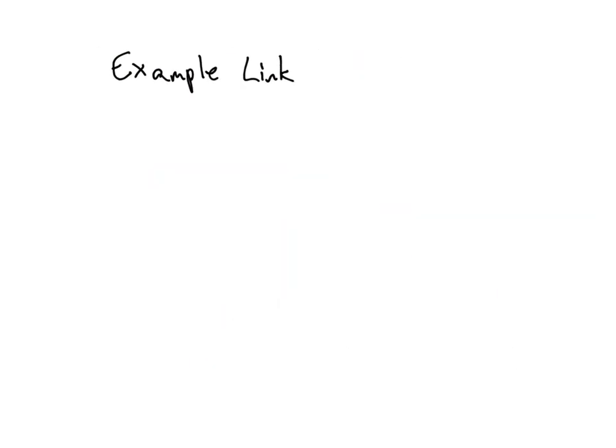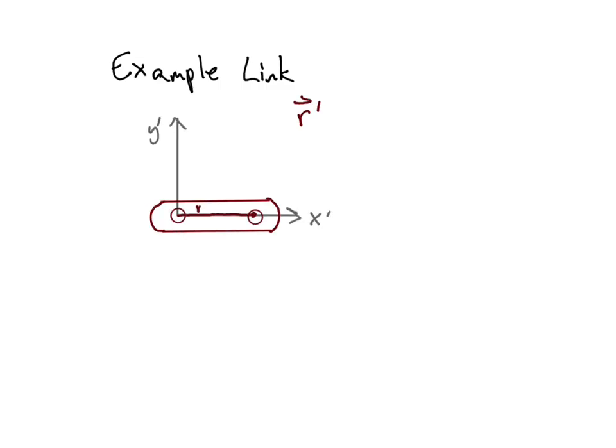So now let's look at just a standard example link. And we're just going to have it be a straight bar link that has one length. Here we have it in our local coordinates, and we could say R prime is the coordinates where it has length R. There's no angle, because when we talk about local coordinates, we're talking with respect to where we are.